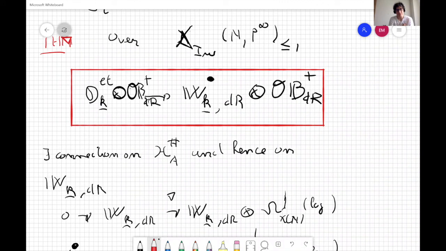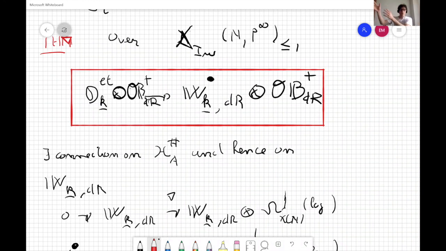I understand that those D_k and W_k de Rham are constructed as locally analytic or analytic Iwahori inductions for the Borel. Yes.